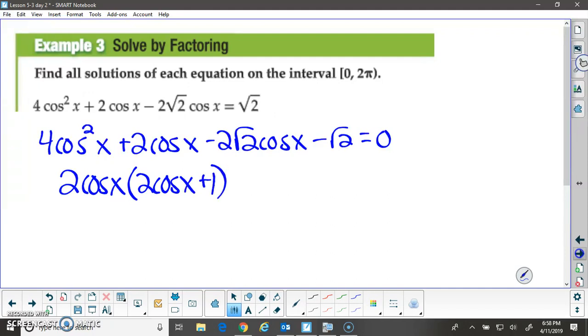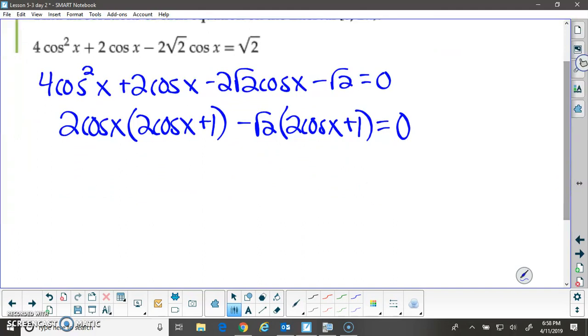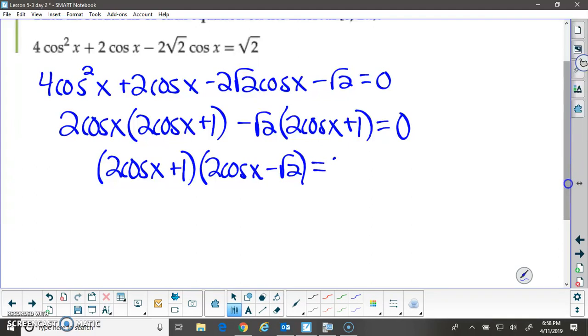The last two terms we can factor out a -square root of 2, leaving us with a 2 cosine of x plus 1. Now I've got two terms, and they both have a 2 cosine of x plus 1, so let's factor that out. Leaves us with what's in front, 2 cosine of x minus the square root of 2.